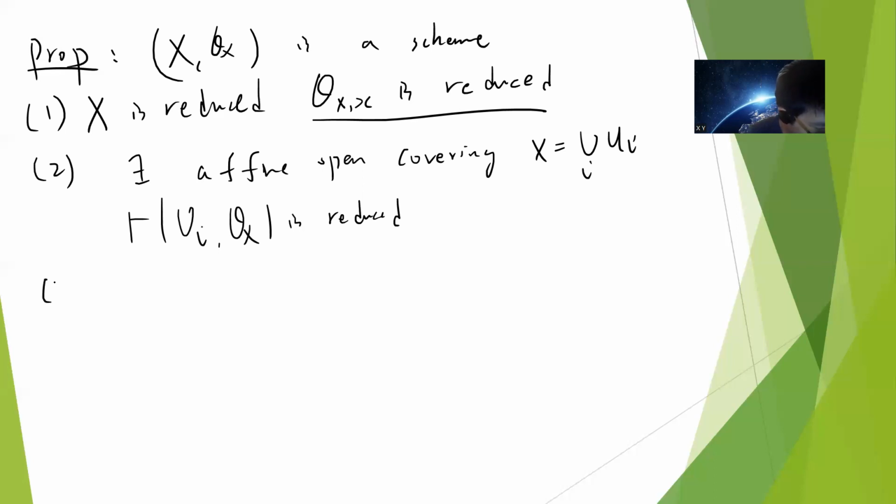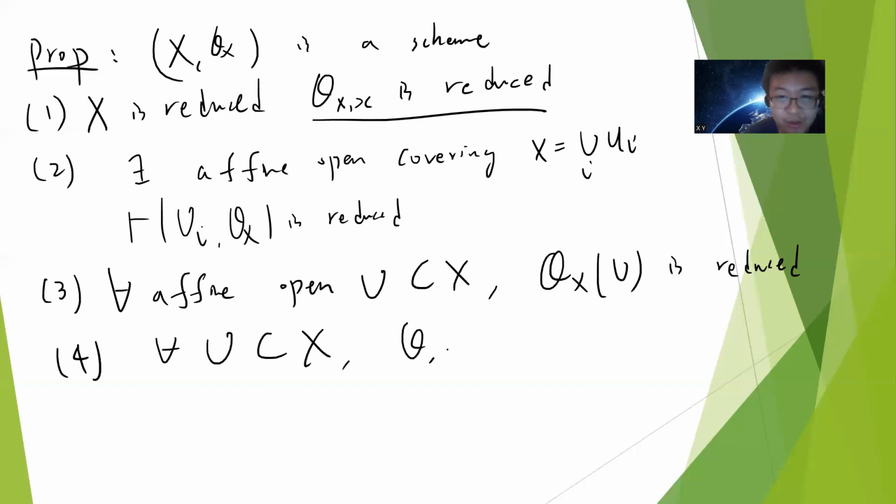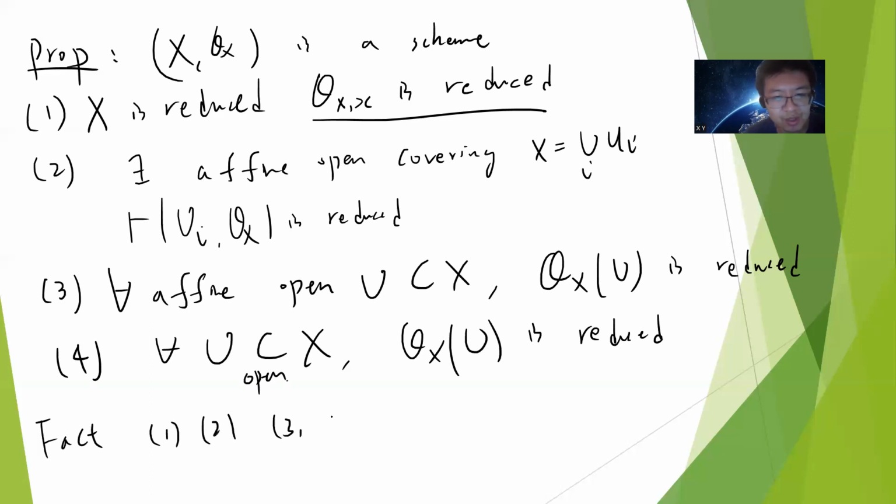And there's a third statement, where for every affine open, so this is an open cover, these guys are reduced. The fourth statement is that for every open set, O(U) is reduced. So the fact is that 1, 2, 3, 4 are the following.